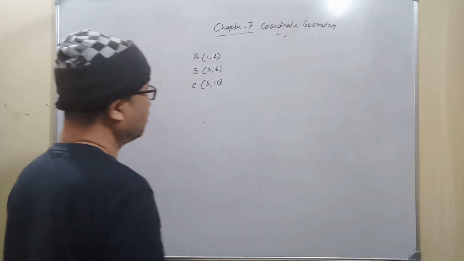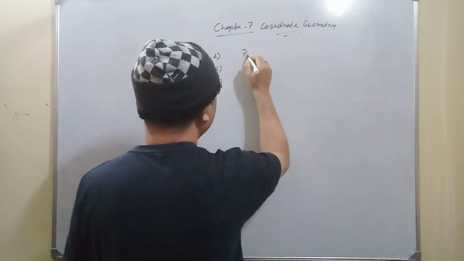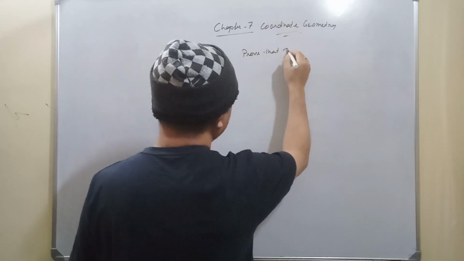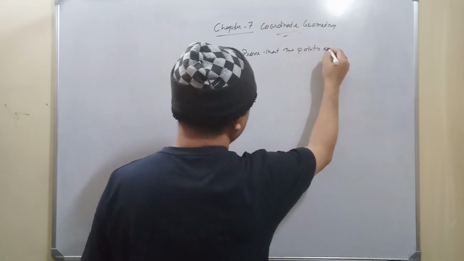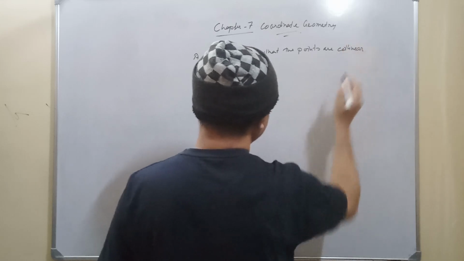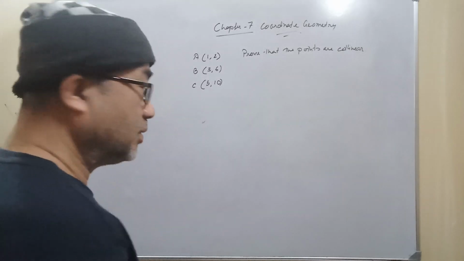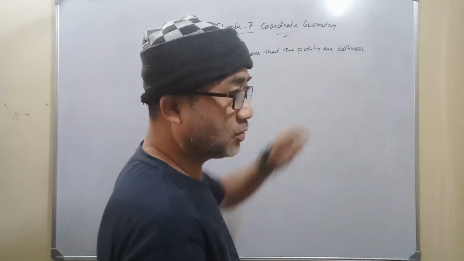So we are given 3 points, their coordinates are also given, and we have to prove that the points are collinear.